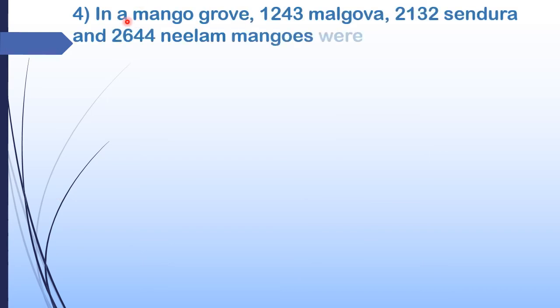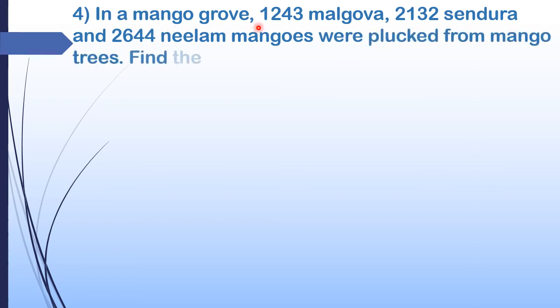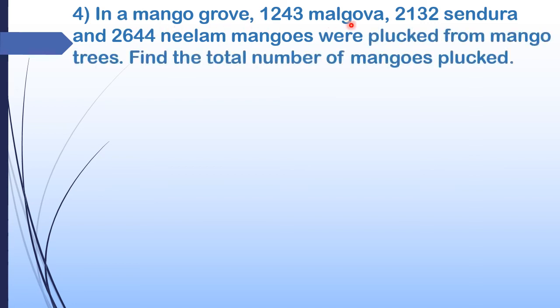Next sum. In a mango grove, 1243 Malgova, 2132 Sendura and 2644 Neelam mangoes were plucked from mango trees. Find the total number of mangoes plucked. Okay.